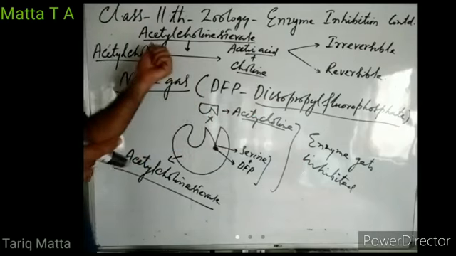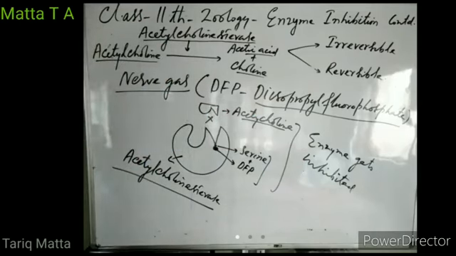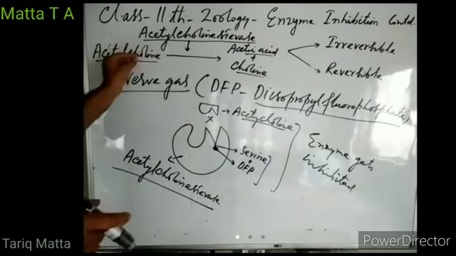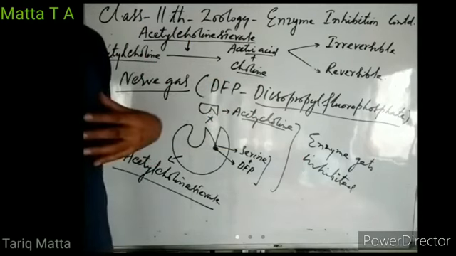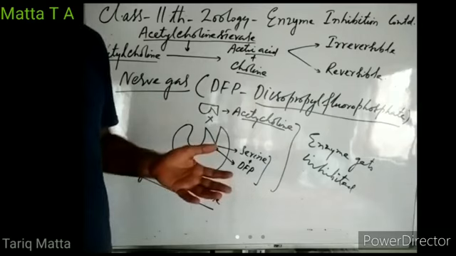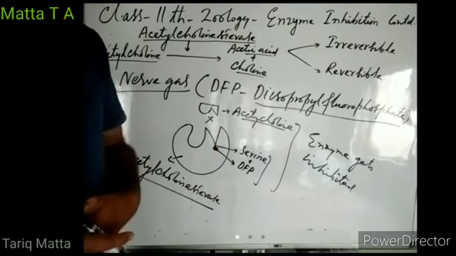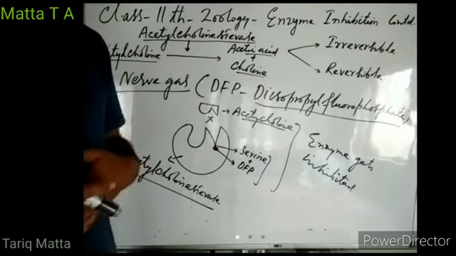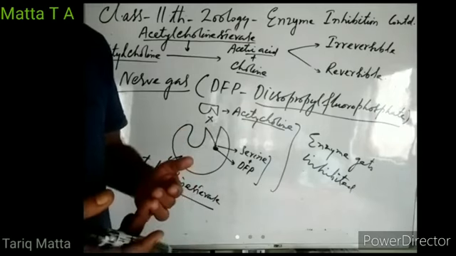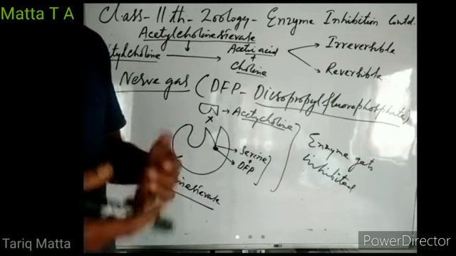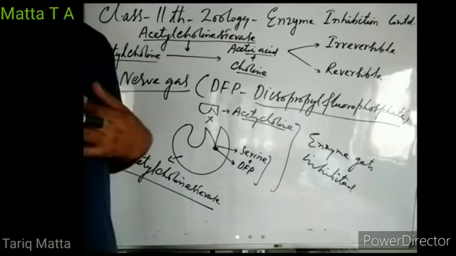But when the enzyme acetylcholine esterase gets blocked, acetylcholine remains in the synaptic cleft. It doesn't allow these muscles to relax. So a person is only able to inhale, but not able to exhale, and respiration stops, and the person dies gasping for air, right?